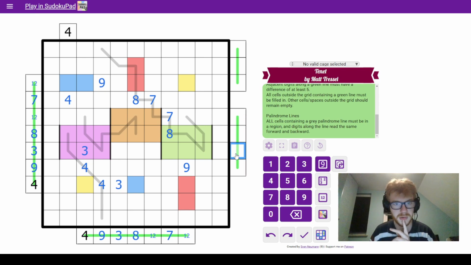So it's seven numbers, either four high ones and three low ones, or the other way around. The only one with a lot of restrictions is this, and that is not a German whisper cell.